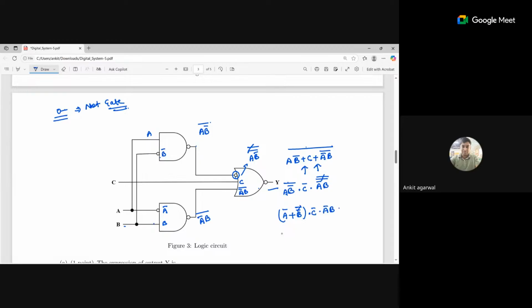Both cancel out. Now if you multiply, A bar multiplied with A bar B is A bar B, plus B multiplied with A bar B is A bar B, dot C bar. Okay, and both will be the same, so the addition is again A bar B dot C bar.